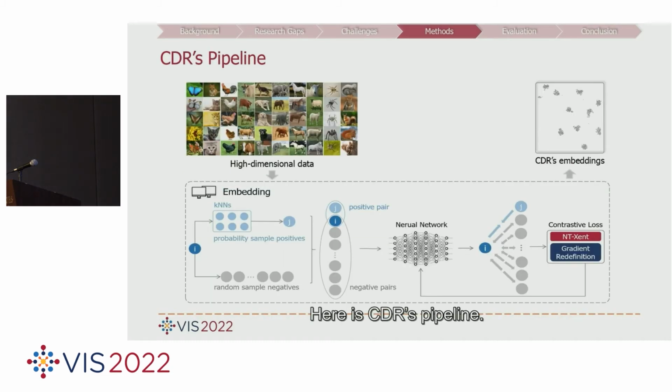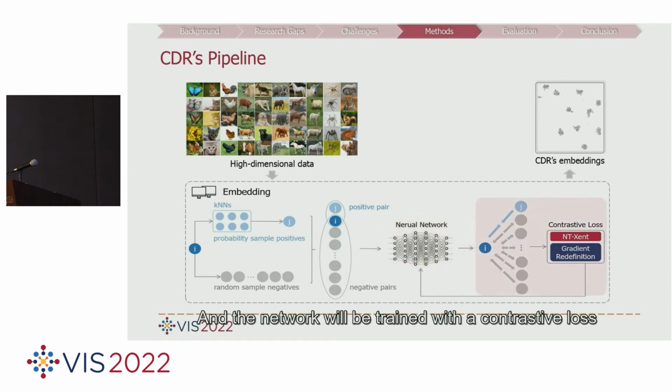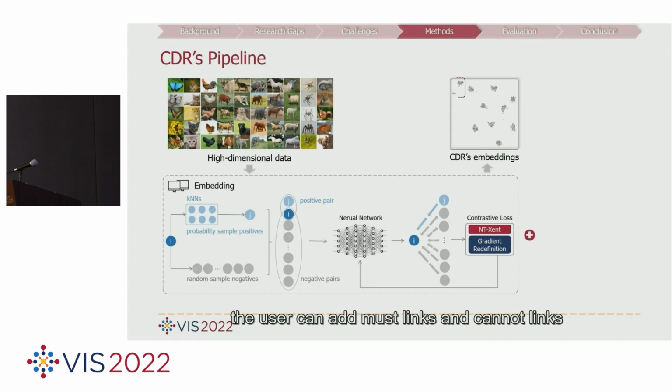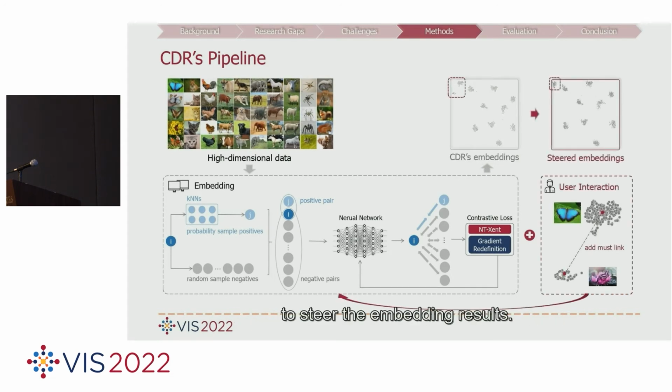Here is CDR's pipeline. For each point, CDR will sample a point from its neighbors, forming a positive pair, and sample other data to form negative pairs. The embeddings are then computed by a neural network, and the network will be trained with a contrastive loss to pull the embeddings of positive pairs together and push apart the embeddings of negative pairs. After that, the user can add must-link and cannot-link links to steer the embedding results.